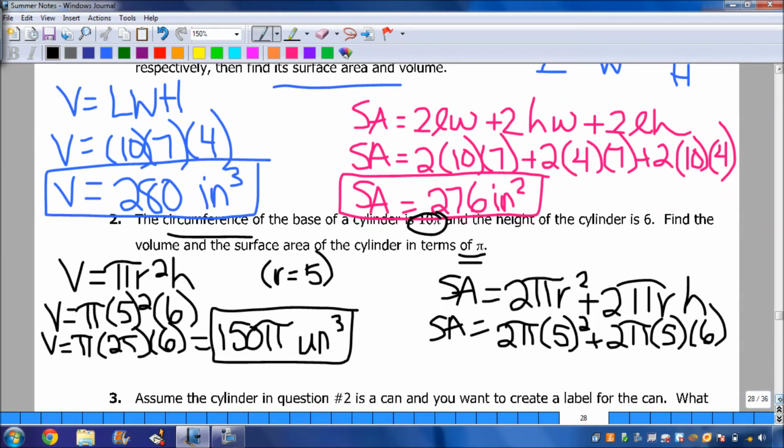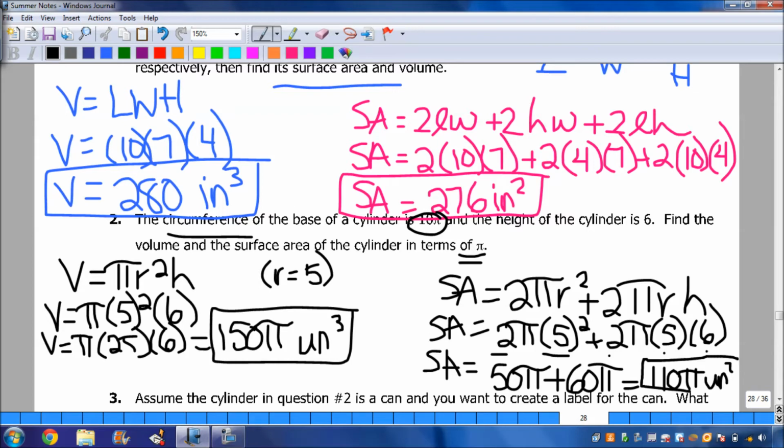Okay, so you end up getting surface area equals 2 times 5 squared. You know that 5 squared is 25. Multiply that by 2, you will end up getting 50 pi. All right, plus 2 times 5 is 10 times 6 is going to give you 60 pi. Those are like terms, you can add them together, so your final answer is 120 pi units squared.